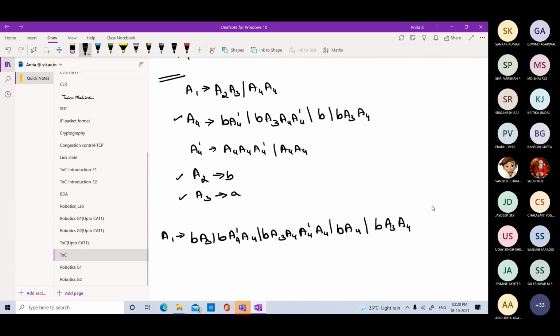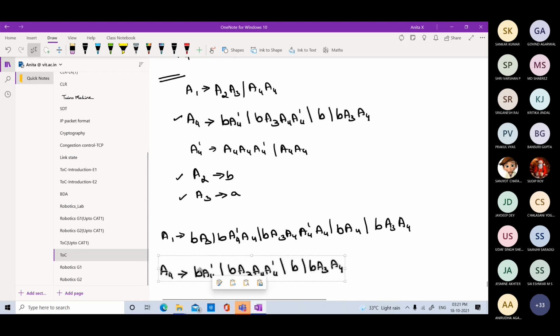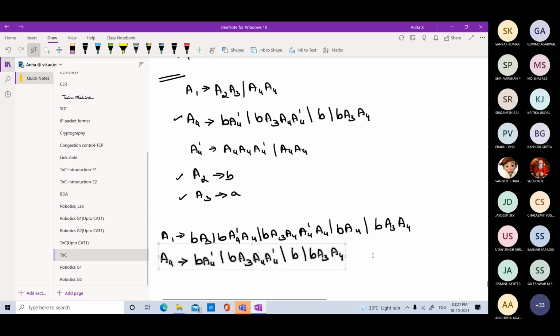So now you can see all the productions are of Greibach normal form. Okay. So the next one is already in Greibach normal form. This is in Greibach normal form.